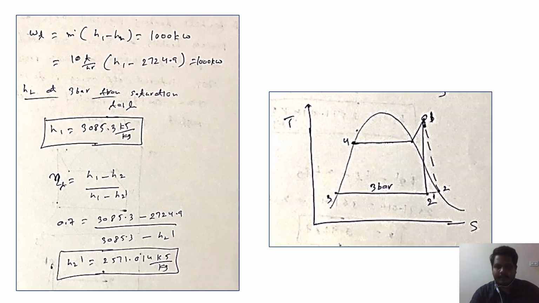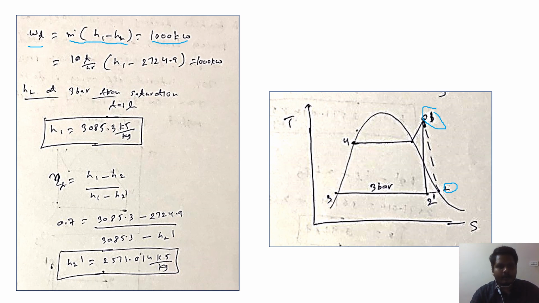Now let us find enthalpy at point 1. In the problem they given that work done by the turbine equals 1000 kilowatt hour. But the formula for work done by the turbine is m dot into h1 minus h2, because in the process 1 to 2.